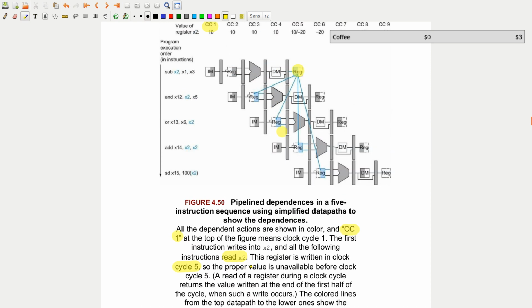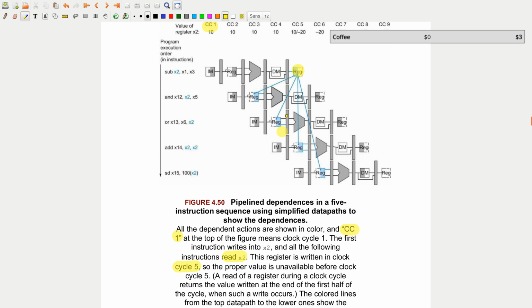Okay, here we see basically what happens. For this AND instruction, we can bypass so that when we're doing the register read, when we're trying to get X2, instead of getting it from the register file, we're getting it from this write back stage. And then the same thing here.